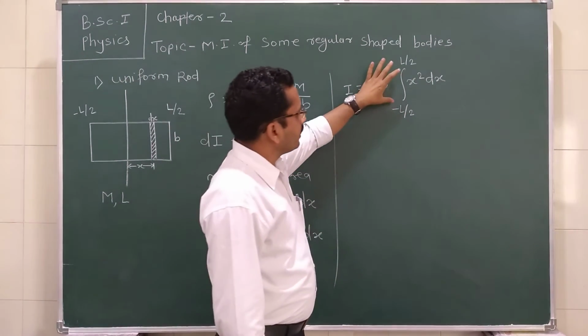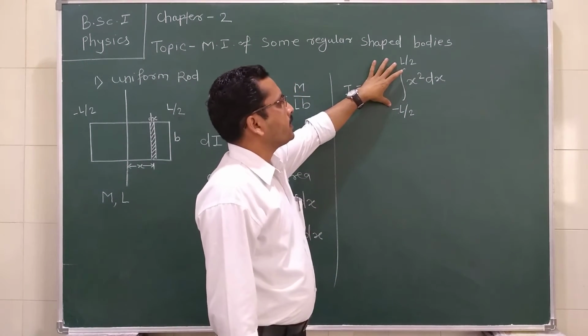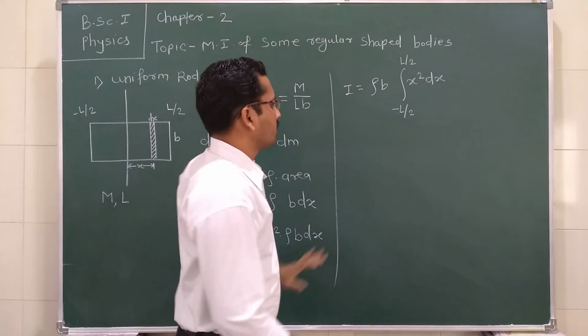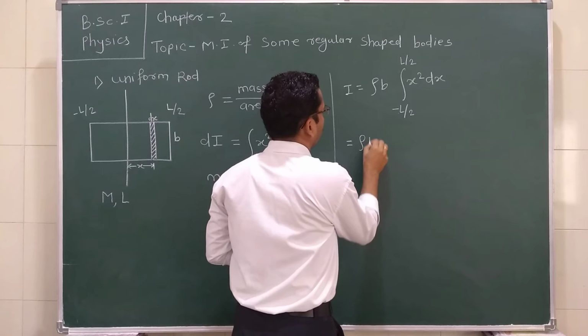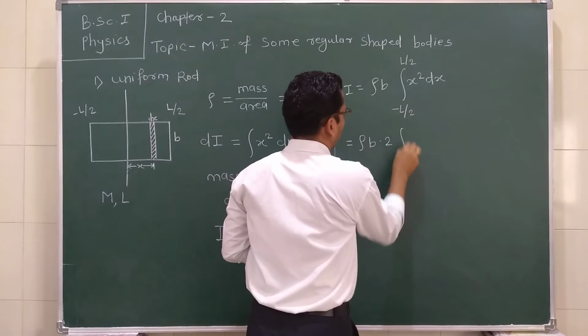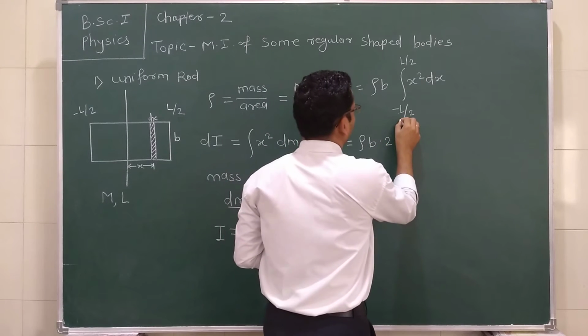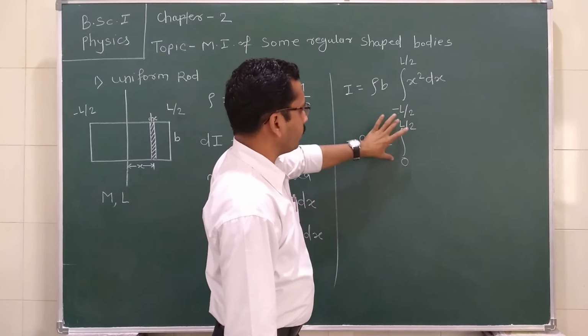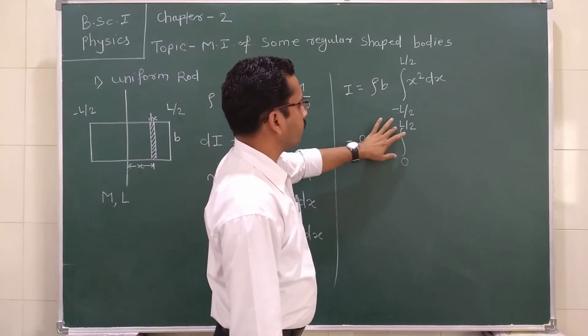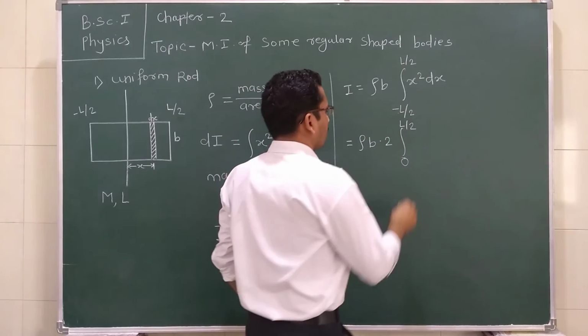Now these limits can be changed like this. It is rho into b into 2, and we can write 0 to L by 2. If we convert this limit into 0 to L by 2, then we must multiply by 2.